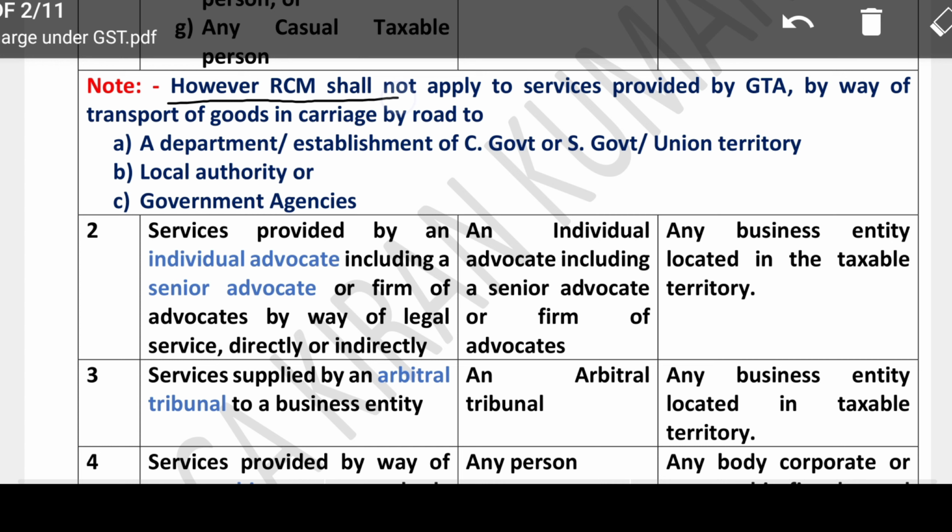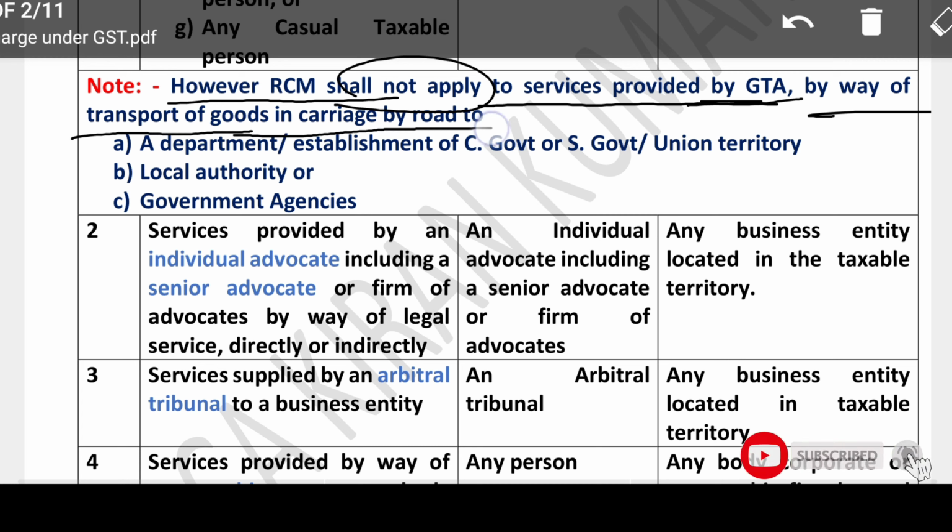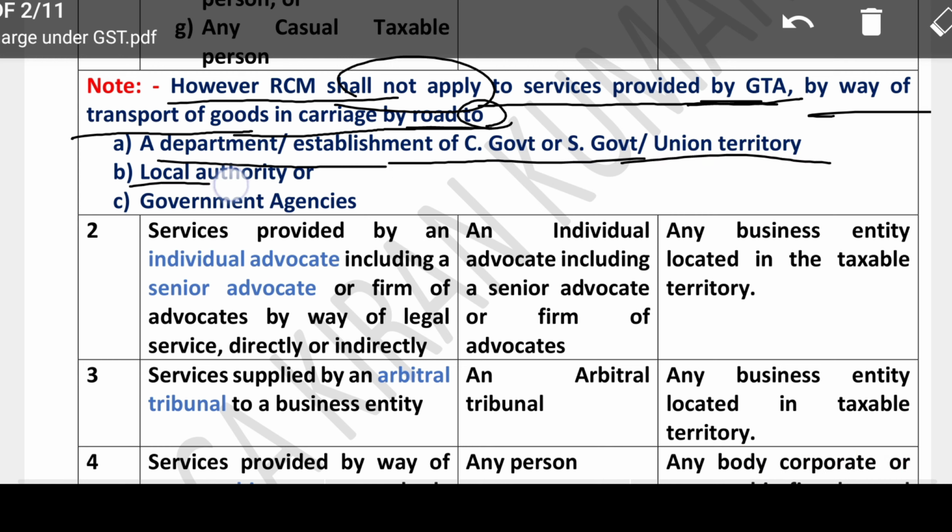However, RCM will not apply to services provided by GTA by way of transportation of goods in carriage by road to a department or establishment of central government, state government, union territory or local authority or government agencies.